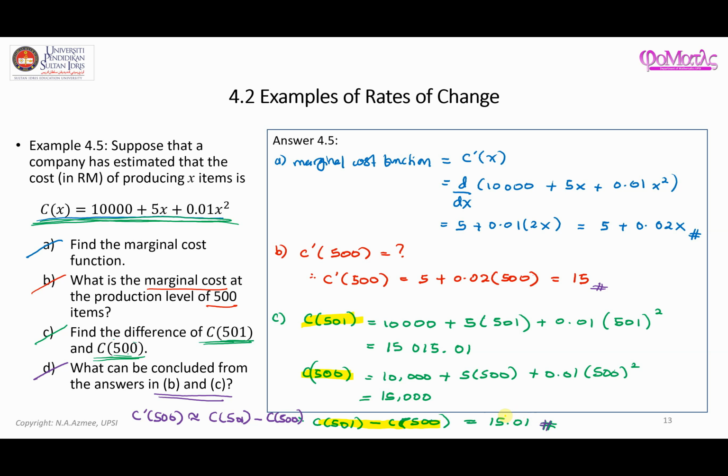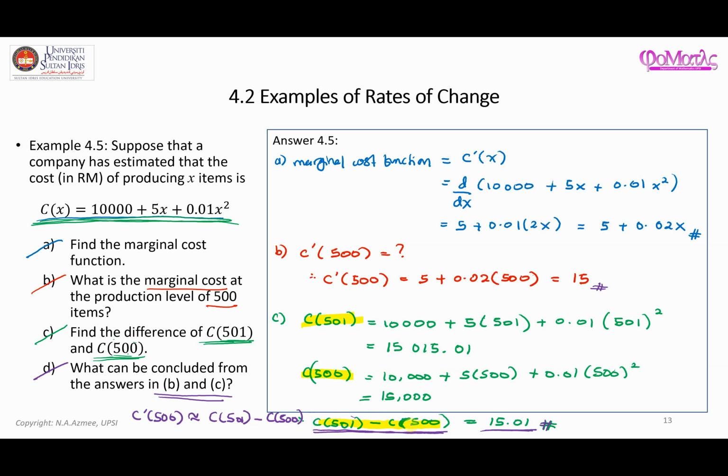an extra item. Okay, so when you look at this process, this is the process of finding the difference between the cost of producing 501 items and the cost of producing 500 items.